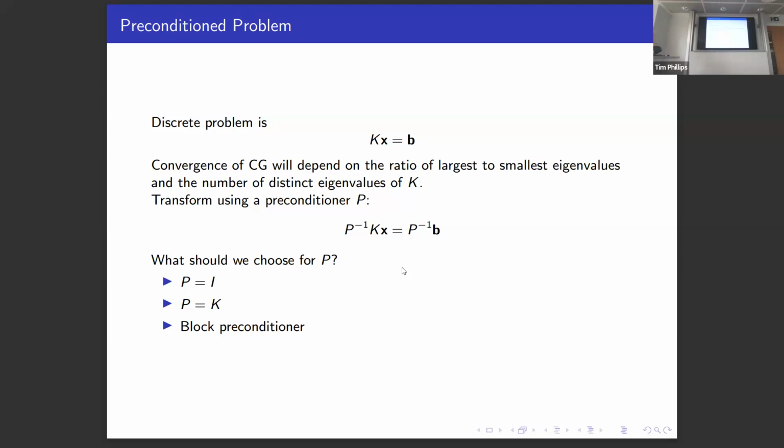We can come up with a more efficient solution technique by using a preconditioner. So if I take a preconditioner P and multiply both sides of the discrete problem by P inverse, then by suitably choosing P, we can reduce the number of iterations required for convergence. So the question is, how should we choose P?